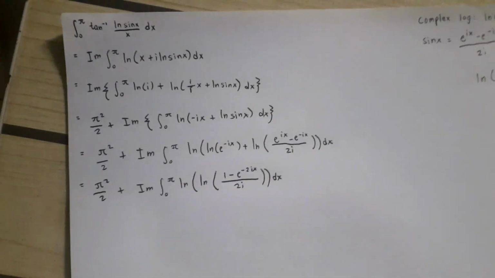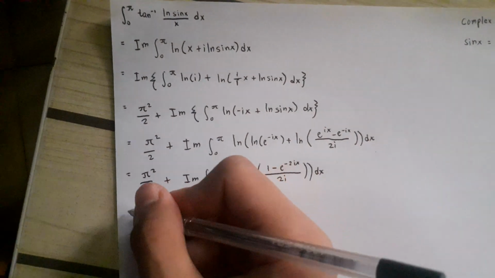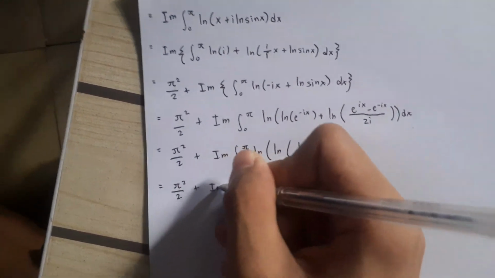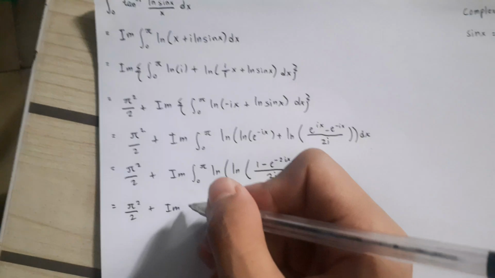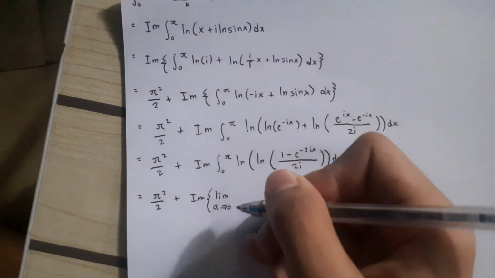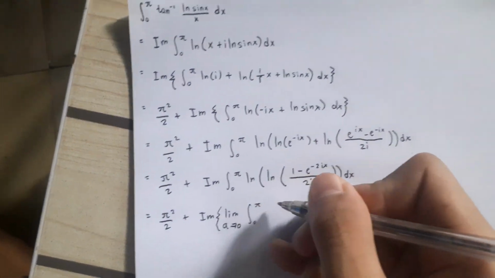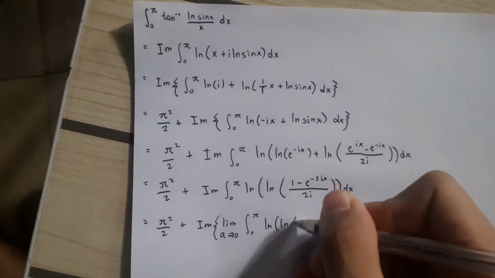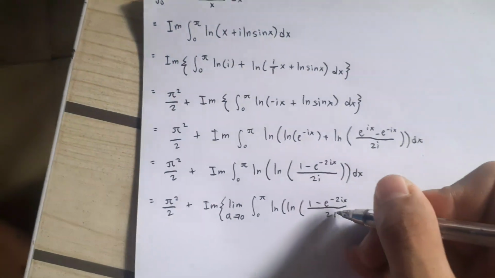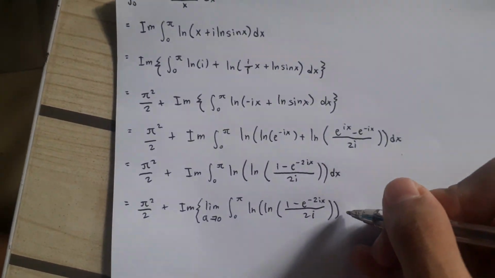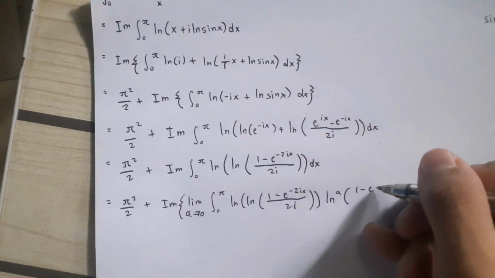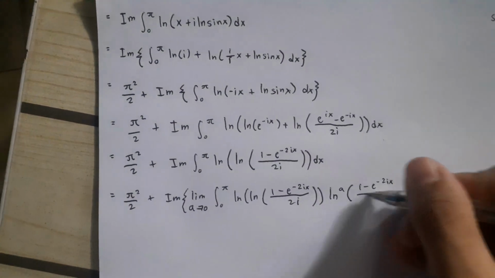We can put a function here, let's say the limit as a approaches 0 of the integral from 0 to pi of ln of 1 minus e raised to negative 2ix divided by 2i, multiplied by ln raised to a of 1 minus e raised to negative 2ix divided by 2i.